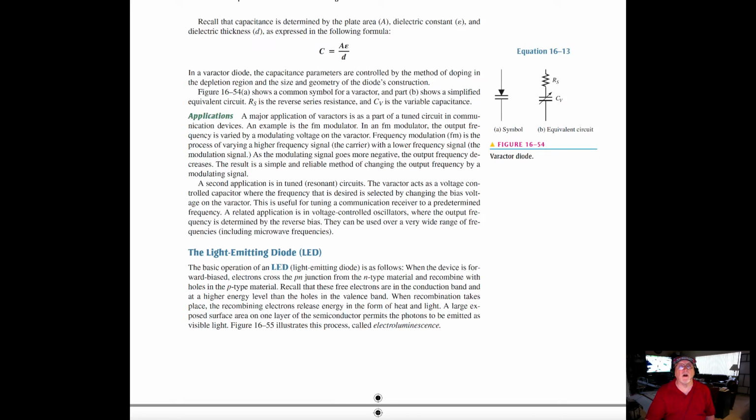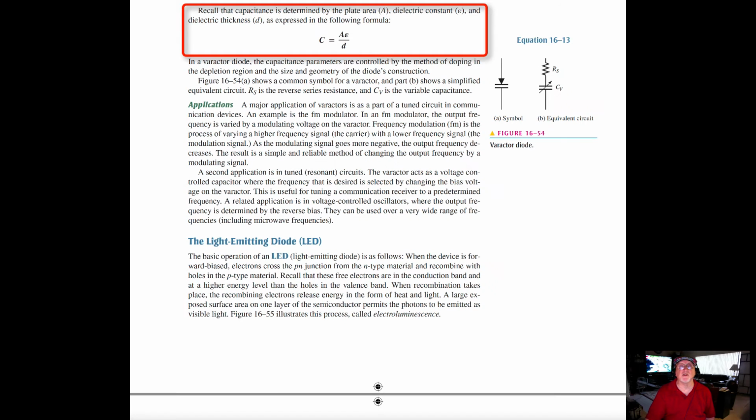So if we recall that capacitance is determined by the plate area, the dielectric constant, and the dielectric thickness D, we can go back to our expression. The capacitance is equal to the area times the dielectric constant divided by the dielectric thickness, our basic relationship for capacitance as it relates to the plate geometry and physics.